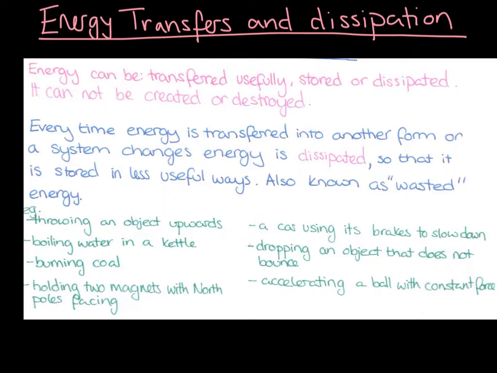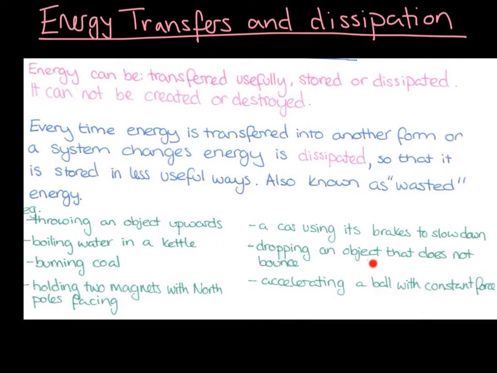Now, right at the beginning of the course, we looked at the following examples of situations where there was an energy change, an energy transfer involved. Now, as we've done more of the course, you've actually looked at more of these situations. So, for example, we've looked at boiling water in a kettle. We've looked at a car using its brakes to slow down. We've looked at accelerating a ball with constant force.